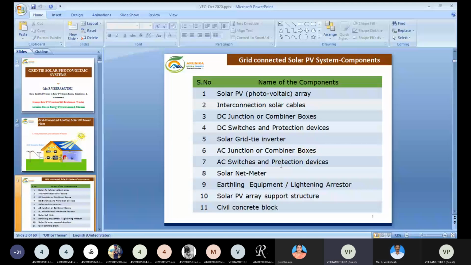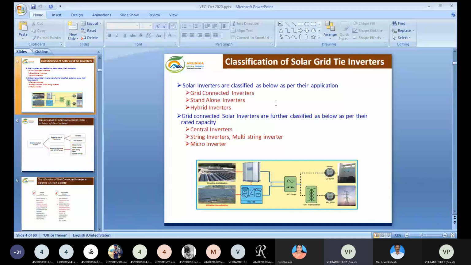The grid-tie solar system is further classified into three types. For the grid-tie system, the types of inverter we use are central inverter, string inverter, multi-string inverter, and micro inverters.